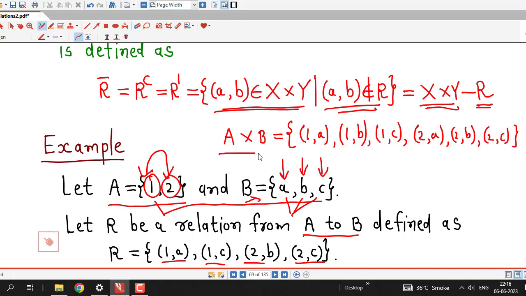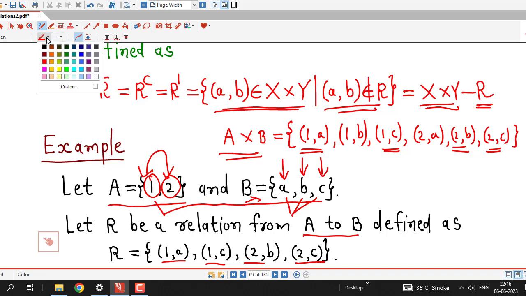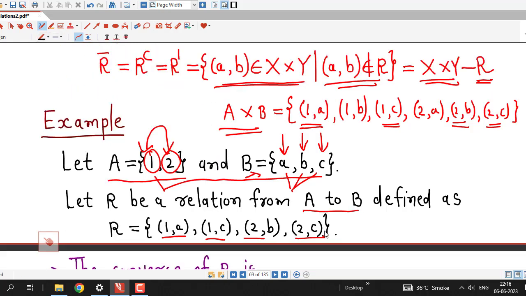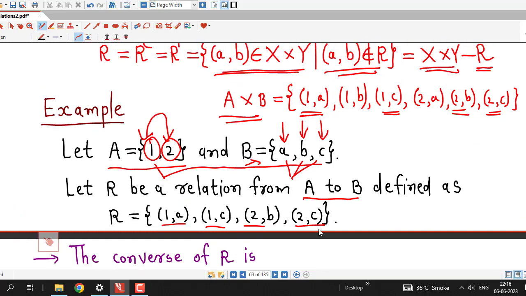And we have written one subset of this Cartesian product A cross B, which contains (1, A), (1, C), (2, B) and (2, C). So this R is a relation from A to B because R is a subset of A cross B. And we have to find out the converse of this relation R.